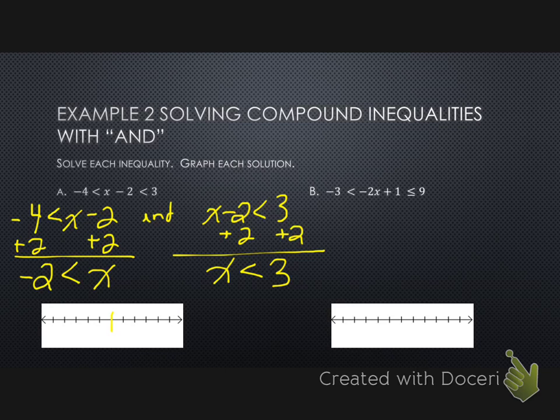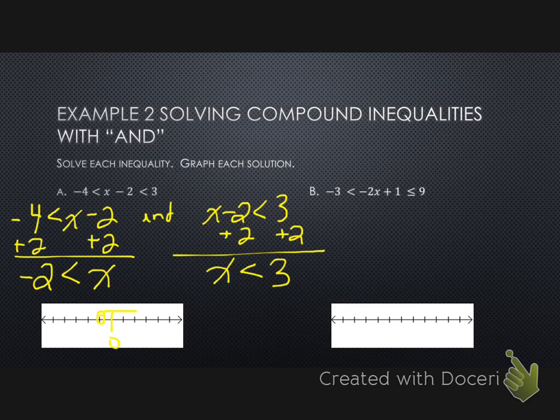So if I put this as 0, negative 2 is going to be an open circle, and x is greater than negative 2, so it's going this way.